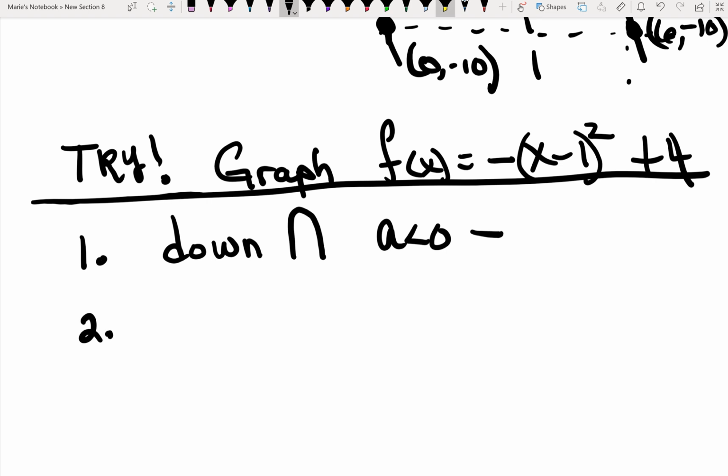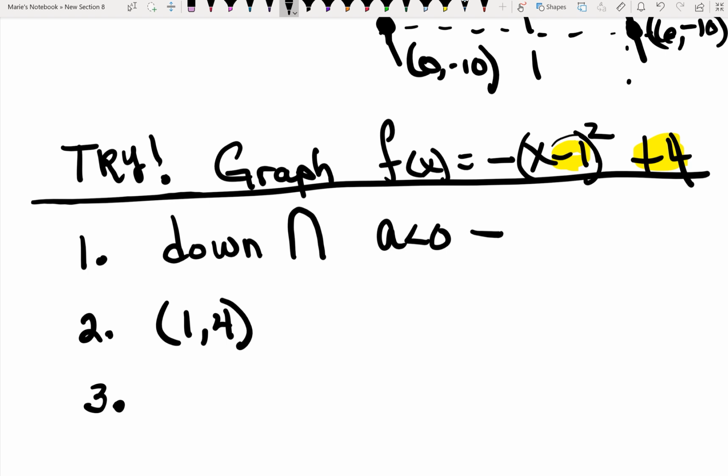Well, to find a vertex, I'm going to look at this number and this number. Based on that information, I have 1, 4 as my vertex in this case. Notice that the x value is always the opposite sign of what it dictates.